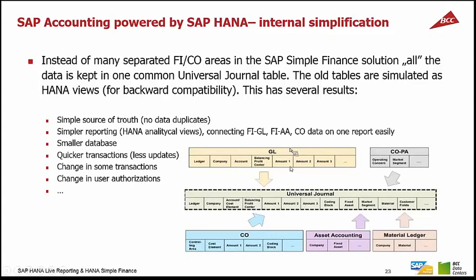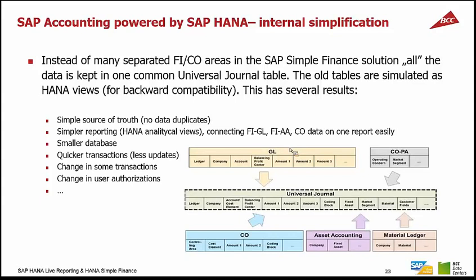The old tables are just created as views, so they don't store any data and are recreated on the fly when the data is needed, in order to preserve backward compatibility.